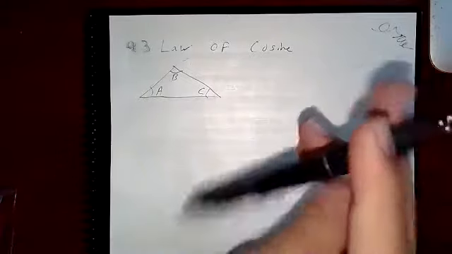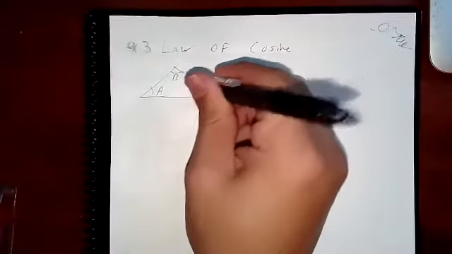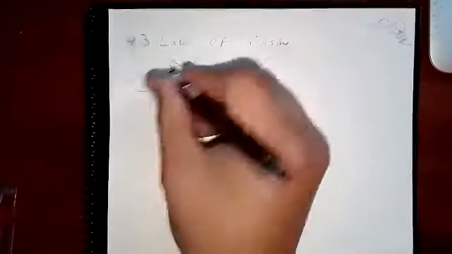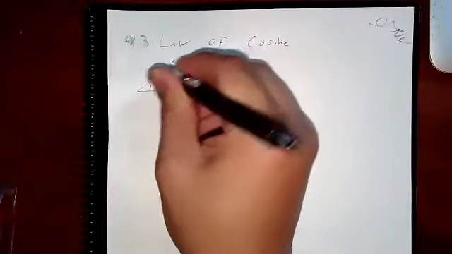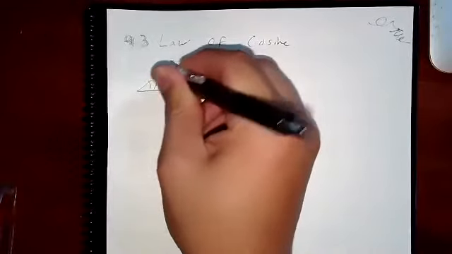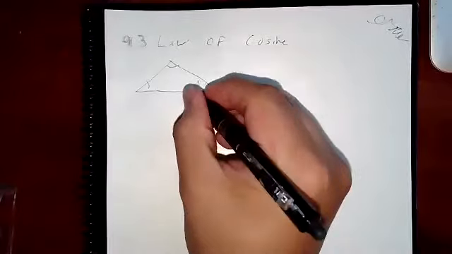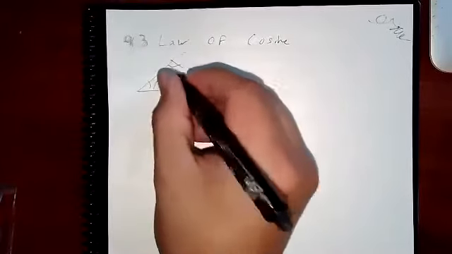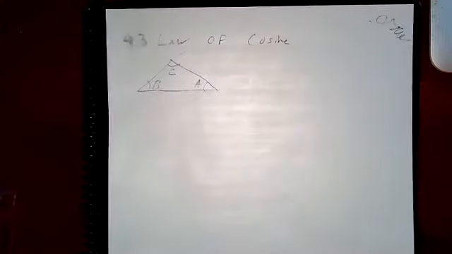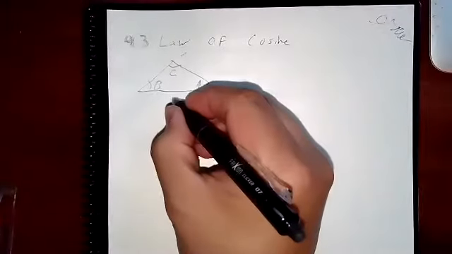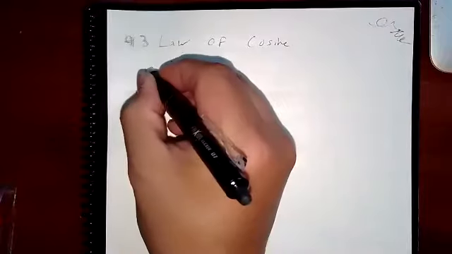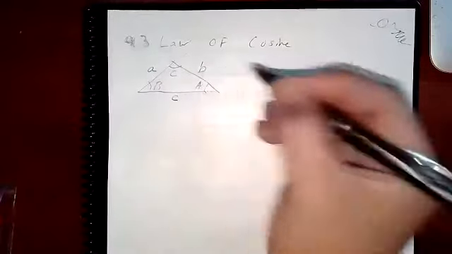Yeah, C on top, B on the left, A on the right. So C is on top and A is on the right. It doesn't matter, but to be consistent with our notes, I'm going to keep it the same.